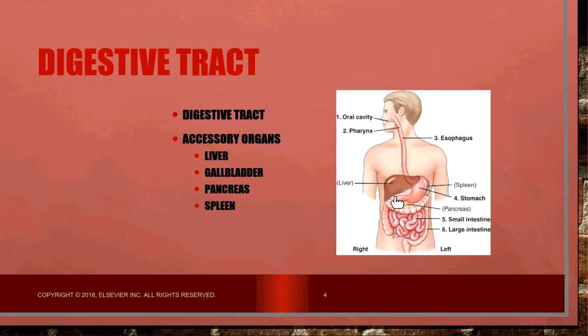The spleen is not considered an accessory organ. The spleen is actually part of the lymphatic system. They demonstrate it just to show you for reference where it sits. You can make it out right over here, but the spleen is part of the lymphatic system.